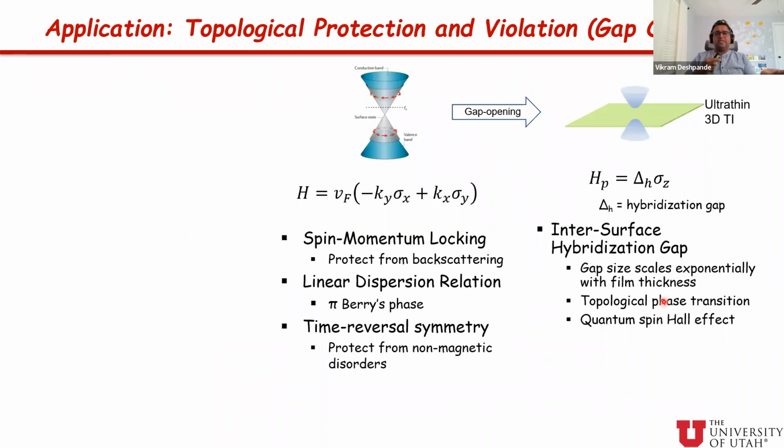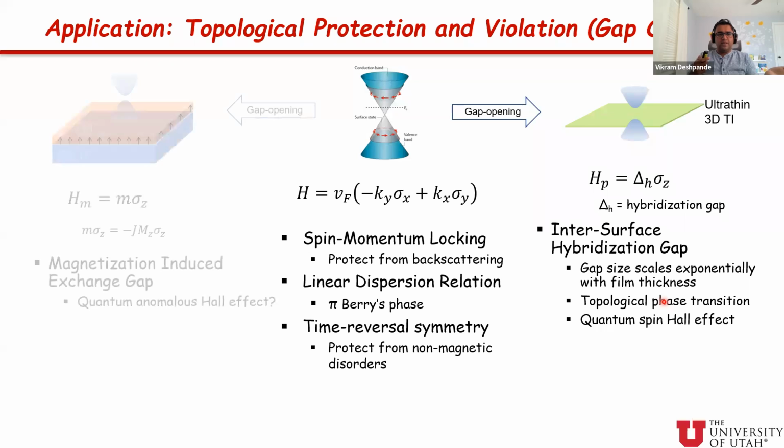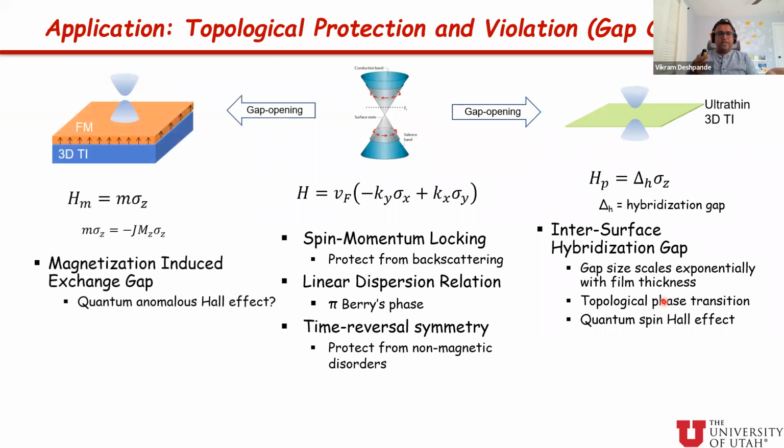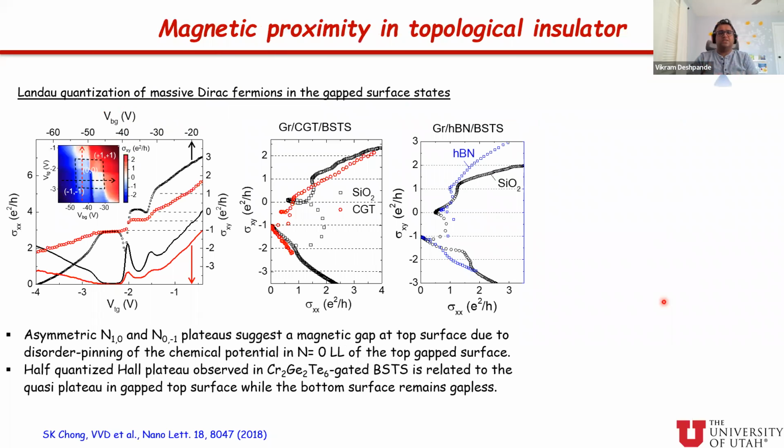We can also, like I said, think of a gap opening mechanism by putting a 2D ferromagnet, particularly a magnetic insulator. In 2018, we tried doing this with the 2D ferromagnetic insulator chromium germanium telluride, and this was not very successful.